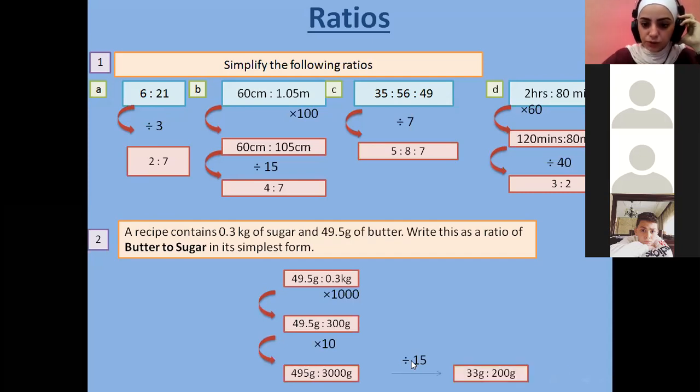When you divide by 15, you get 33 grams to 200 grams. 33 and 200 are already simplified. If you divide by 5 as you said, Muhannad, you will get a number that can be divisible again by 3, so you will get the same thing in the end, 33 to 200. Okay, thank you Muhannad.